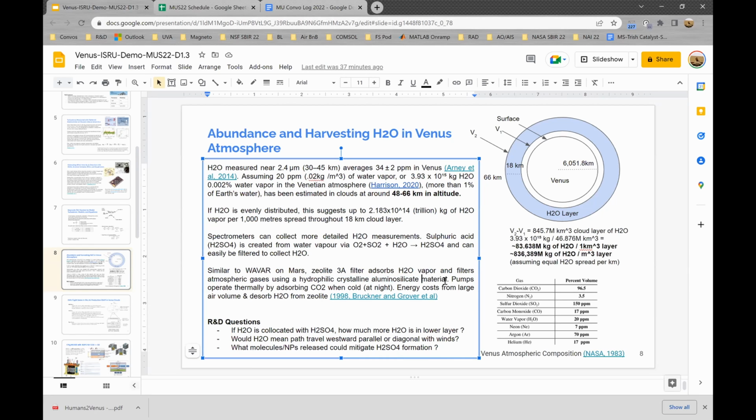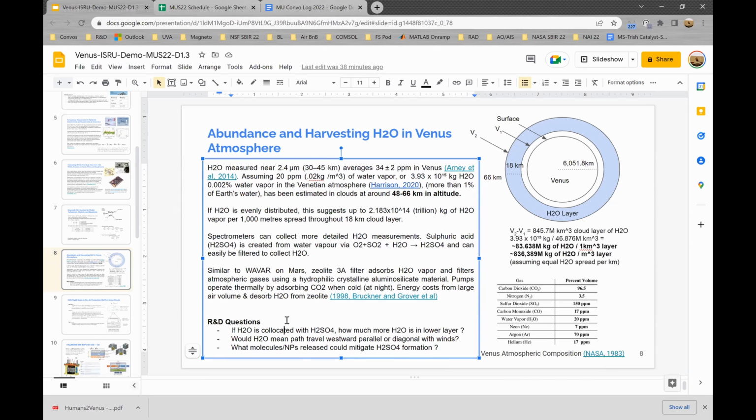These researchers designed the system and used pumps that operate thermally and adsorb the CO2 at night when cold, and then desorb the H2O from the zeolite. And so the large air volume and the desorption time are probably the energetic cost.